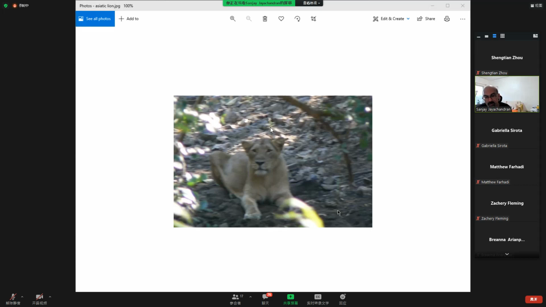There was a remnant population in India at the turn of the century, and this is a representative of their descendants. There are about 500 left. So this is an example of a bottleneck, a drift, right? We killed off most of the Asiatic lions, now you have a small population.